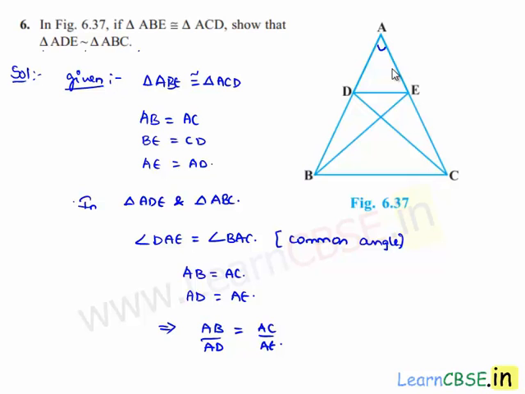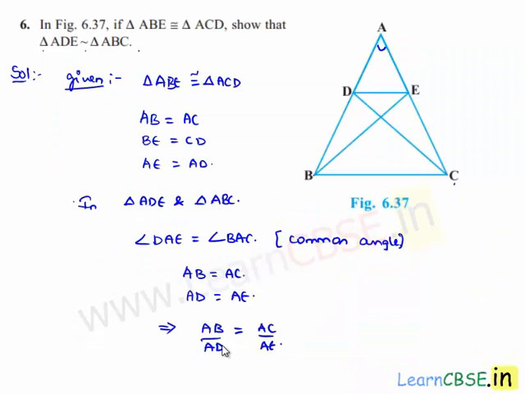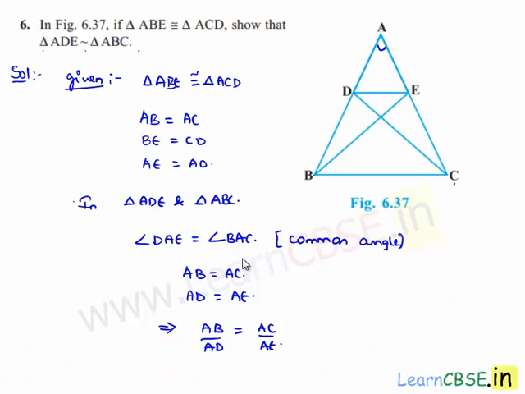So here if we observe clearly, the corresponding sides, that is AB in triangle ABC by AD in triangle ADE is equal to AC in triangle ABC by AE in triangle ADE. Therefore, here two corresponding sides in proportion and one of the angle is equal. So therefore by SAS similarity, we can say that triangle ADE is similar to triangle ABC.